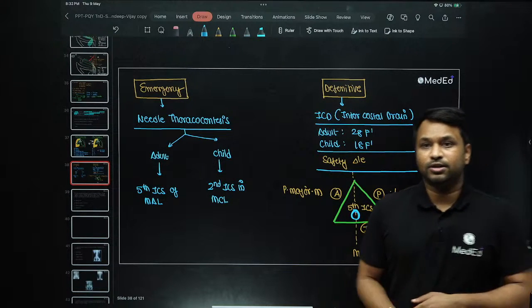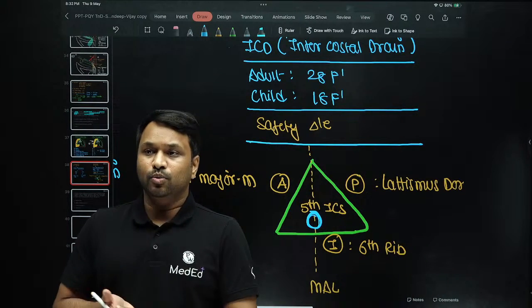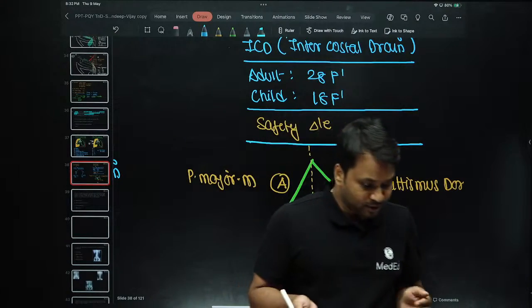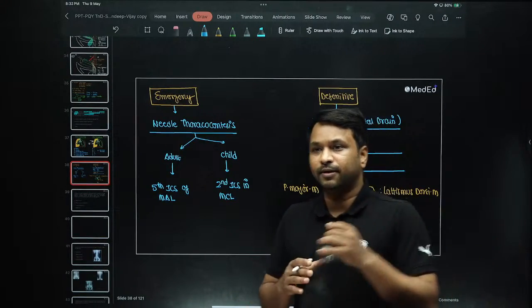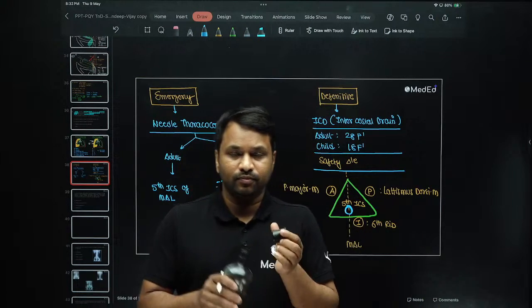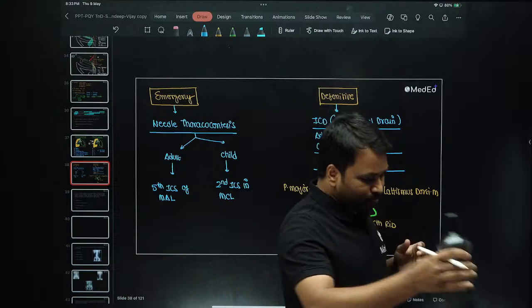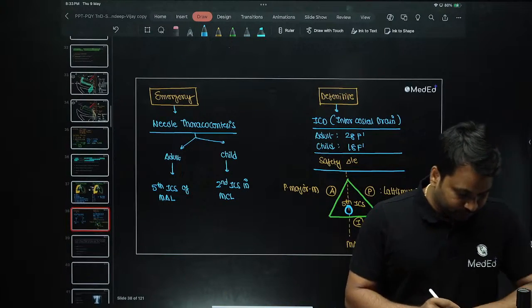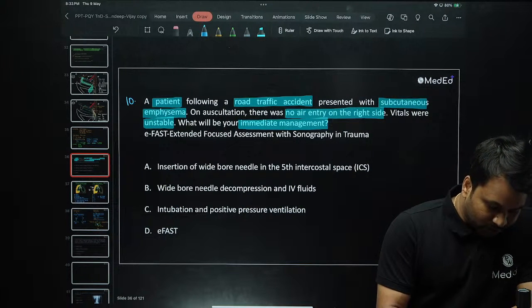So in the 5th intercostal space in the mid-axillary line, which is guarded anteriorly by pectoralis major, posteriorly by latissimus dorsi, is where you are going to put a definitive ICD. Clear? Okay. So this is with respect to your pneumothorax management. So let's come back to the question.